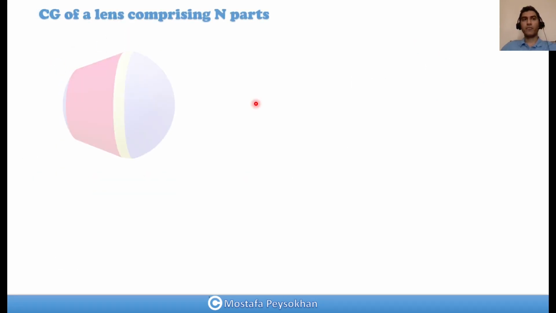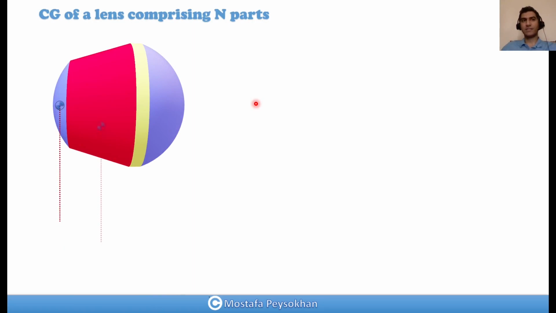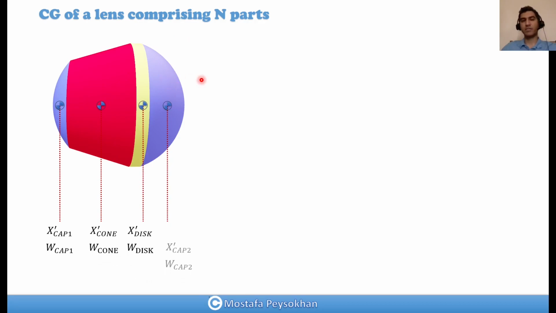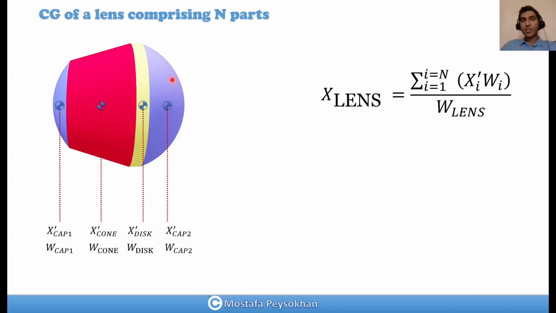Now for a lens comprising n parts, which can be any kind of element, the center of gravity of each lens that includes many elements follows the same equation. This is the equation that we use for the center of gravity of all objects.